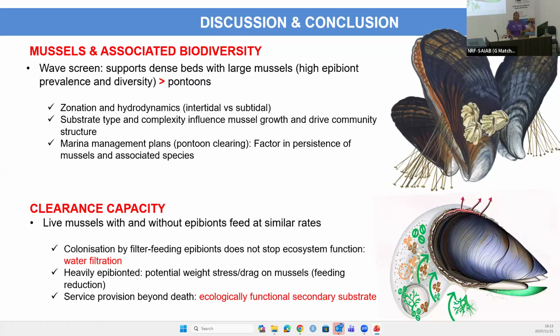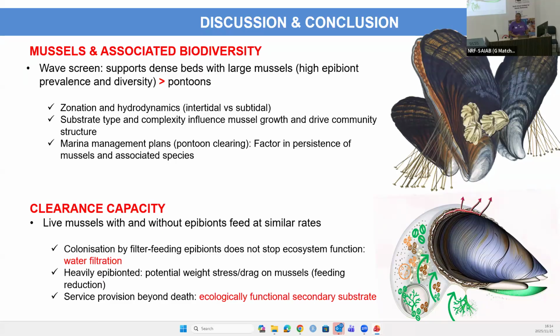So one important thing when it comes to the clearance rates was the fact that whether a mussel is alive or dead, it's still a functional species. If it's alive, it's going to function as a water clearing species within that system by filtering, taking in all the impurities in the water, eating.